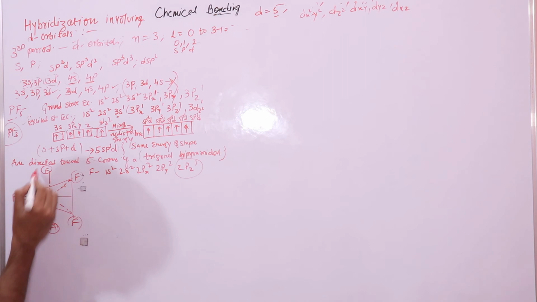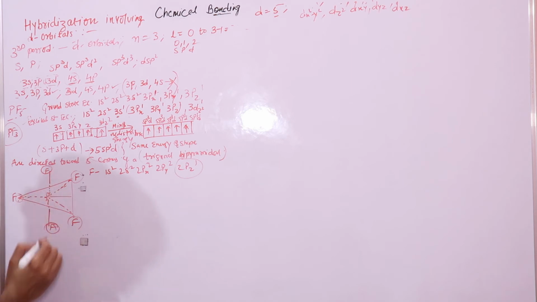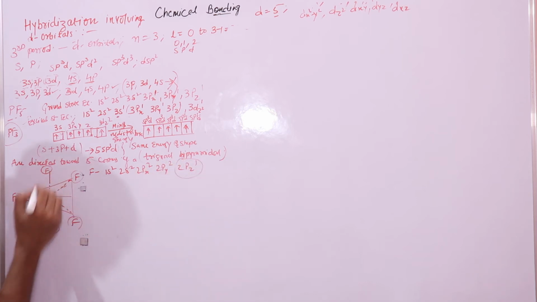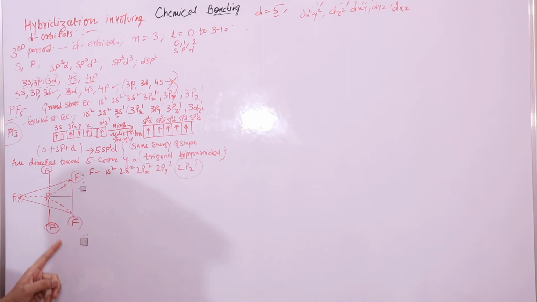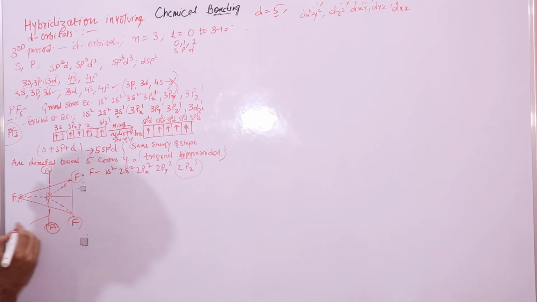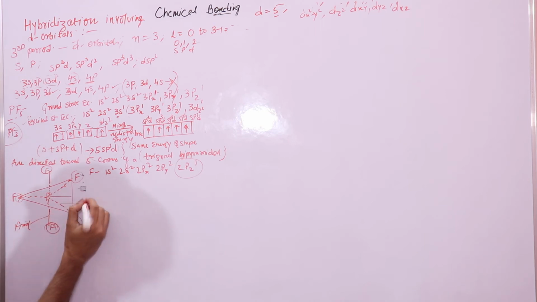So the fluorine atoms occupying these two perpendicular corners of the trigonal bipyramid are your axial atoms, and the bonds joining these axial atoms to the central atom are your axial bonds. And these are your equatorial bonds.